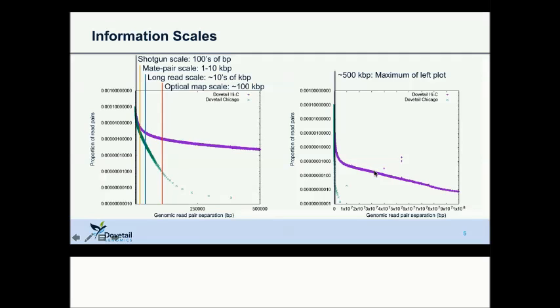And you can see that this continues to fall and doesn't flatten out all the way out to the maximum extent of this plot, which is 100 megabases, which is the size of full chromosomes in this organism, which is a human. So that's what's fantastic about the Hi-C, is that you get up to the full chromosome length information. And you can see that it's quite a bit bigger than all of the other scales of information. This black line here indicates the maximum extent of the left plot there.